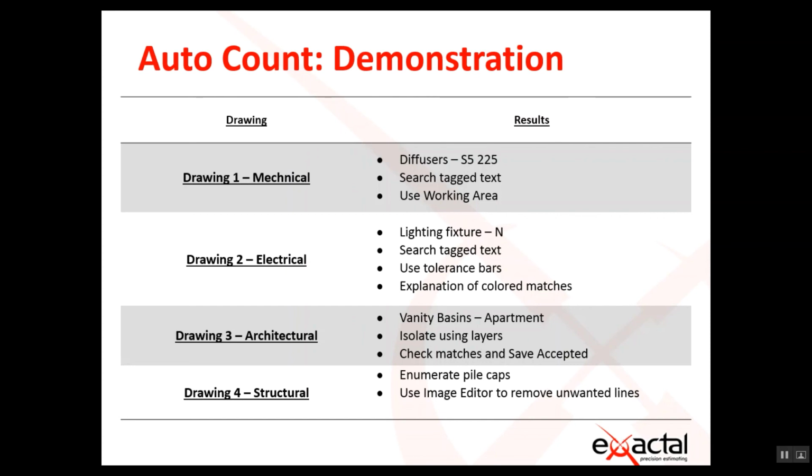Then to improve your search, don't forget to use the tolerance bars after the search is completed, which will give you accepted, rejected and unconfirmed states that you have to validate yourself, and then save the accepted matches. And then also don't forget to use the image editor, which will help you create a nice capture to improve the search results and have a successful auto count.